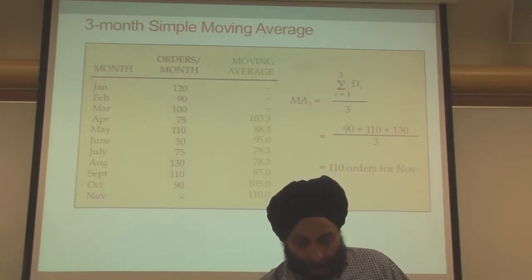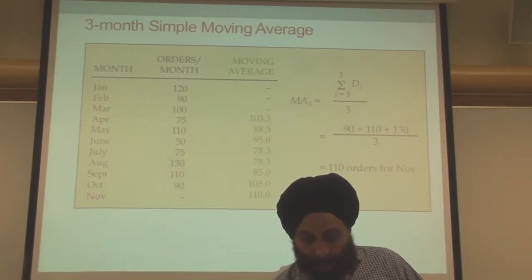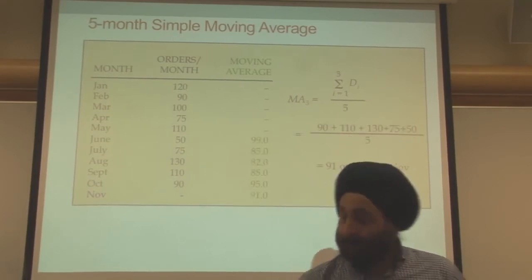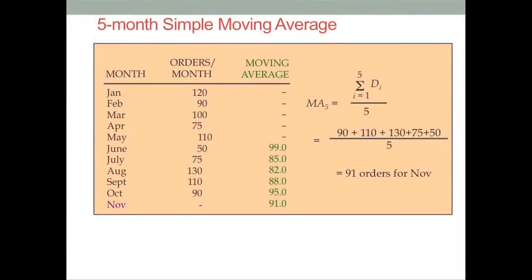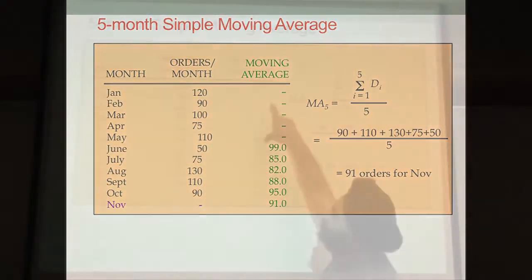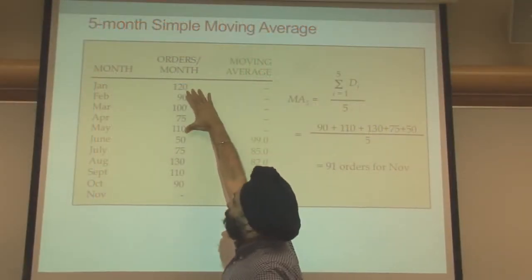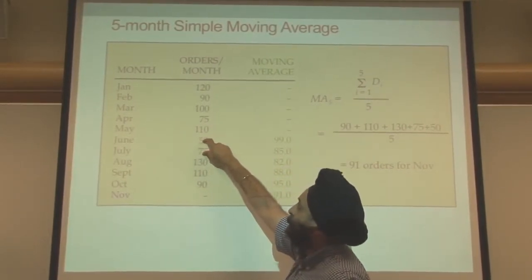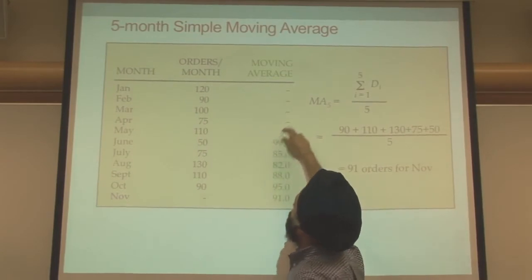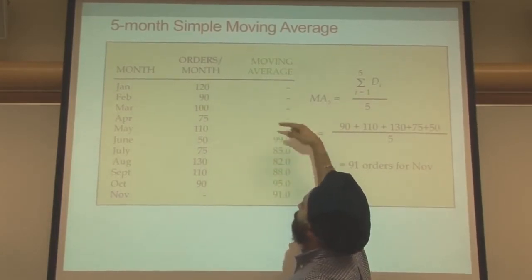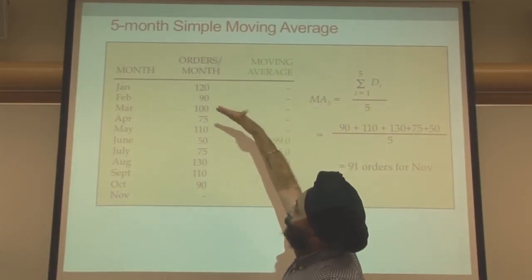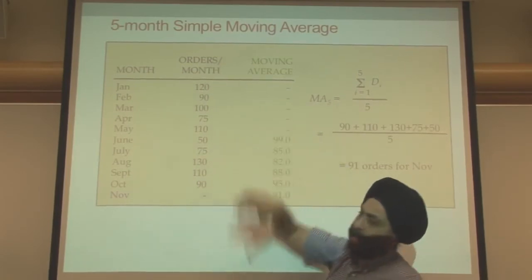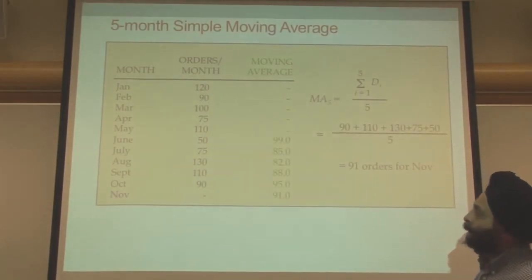Now, the same thing can be done to calculate a 5-month moving average, but notice that we'll lose the data for the first 5 months, and the earliest forecast we can calculate will be for the month of June, because we don't have the previous data for 5 months prior to that.